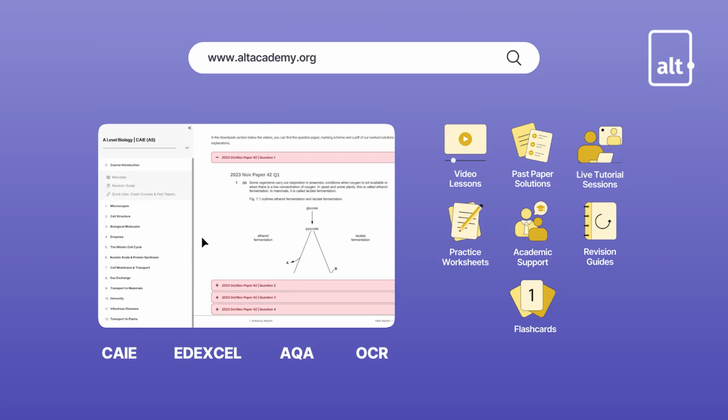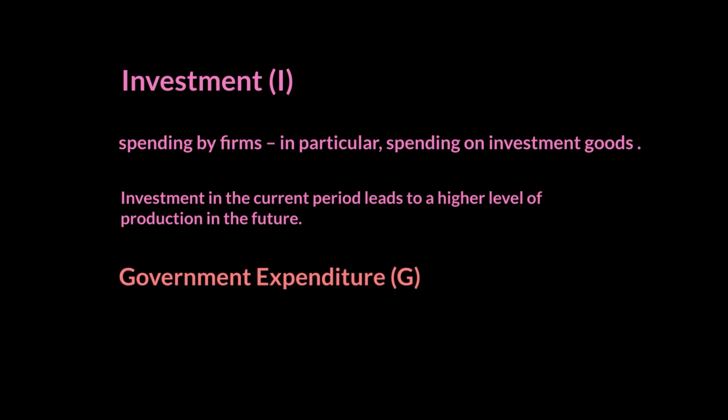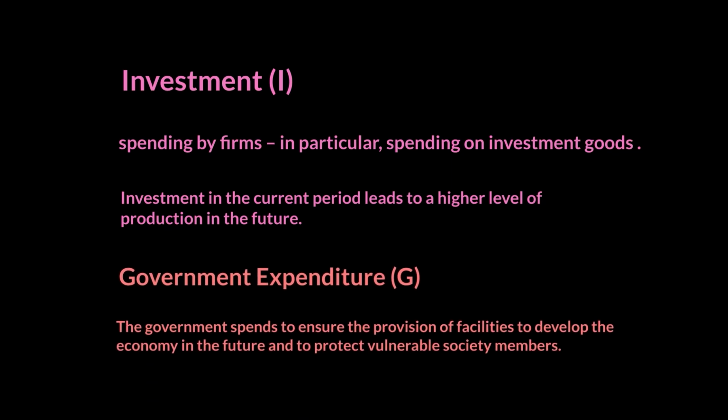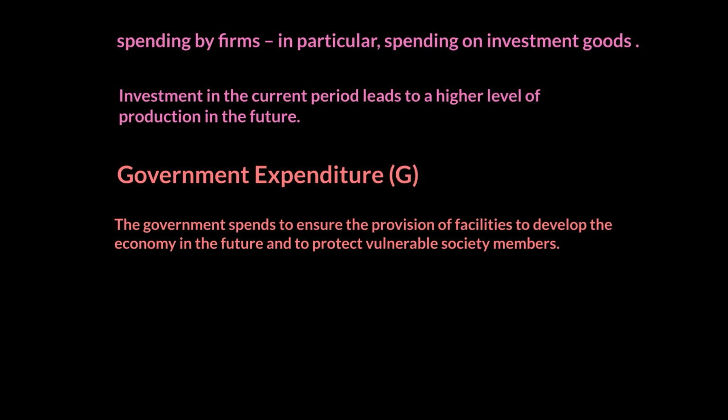Now, let's continue. The third factor we focus on is government spending. Now, what is government spending? Well, government is also spending money. We know this. Government spends a lot of money on various things. For example, the government may spend on public goods, sometimes merit goods.